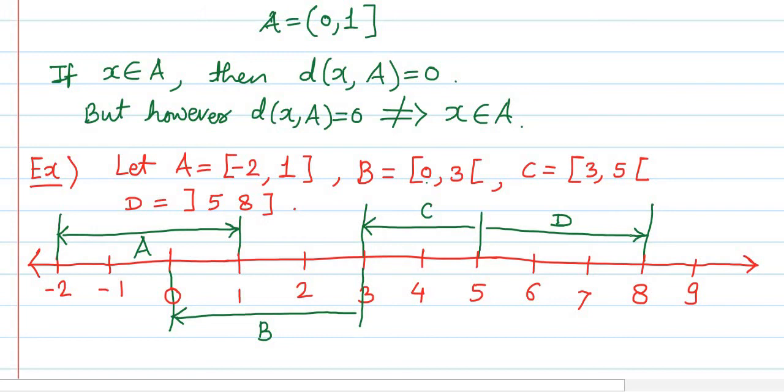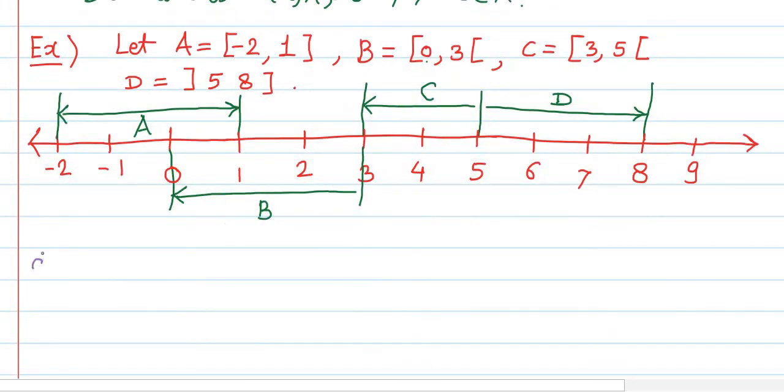Next one, if we consider the distance between sets A and B, then the distance between sets A and B is 0. Why is it so? Because sets A and B have some points in common. If two sets have common points, then definitely the distance between such sets will always be 0. For example, sets A and B have 0.3 as a common point.